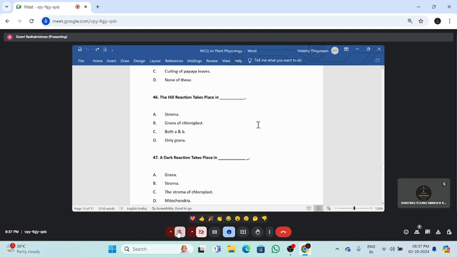46. The Hill reaction takes place in stroma.